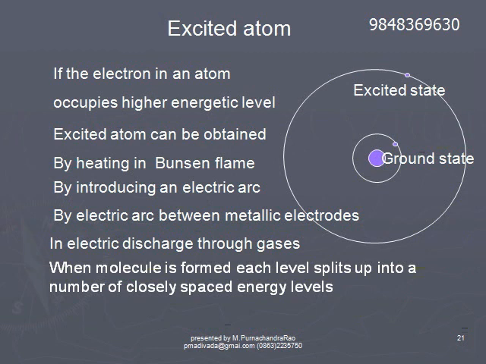When a molecule is formed by two or three more atoms, the energy levels will increase, and thereby the separation of the energy levels will become very small. A single energy level splits up into a number of energy levels when a molecule is formed. So the energy difference between two levels becomes very, very small when the molecule is formed.